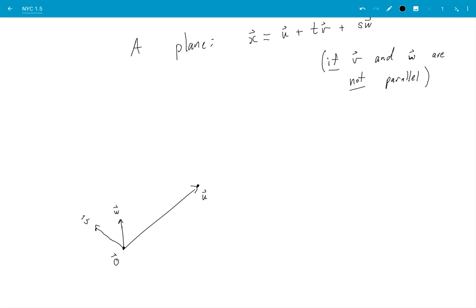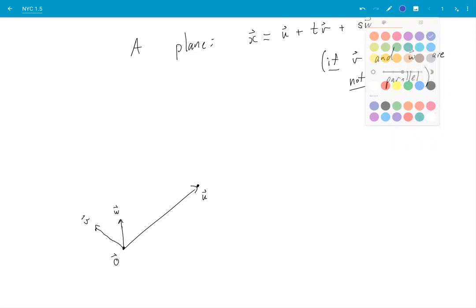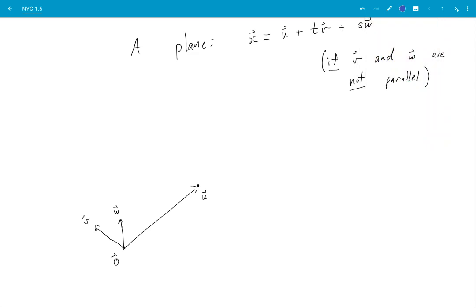Now, what are we going to do? We're going to take w and shift it over to this point here. And then take v, and also shift it over. Something like that.